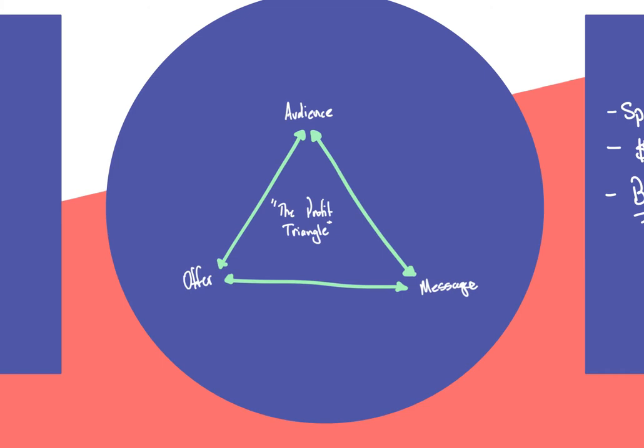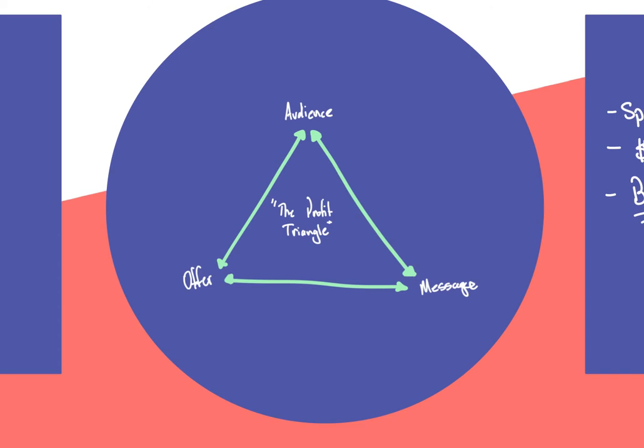Now, the mistake that most people make is that they do not have all three of these foundational parts of an advertisement dialed in. You might have one of them dialed in or two of them dialed in, but having all three is usually pretty rare. Now, just a quick note on that. If you have only one of these three things dialed in, odds are your ads are probably not working at all.